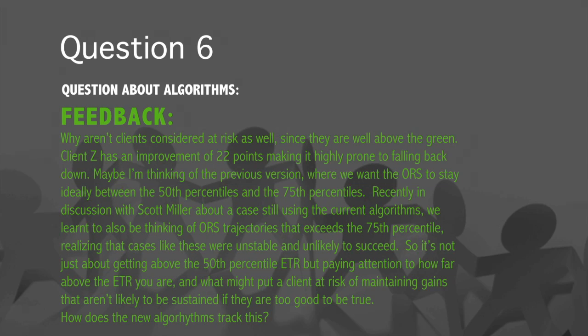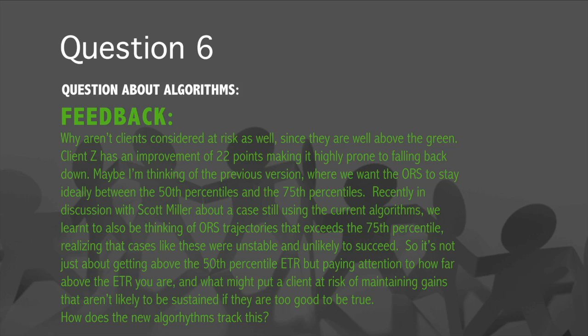Let's see. Oh, I think this is the one that you kind of were getting at before. They're asking, why aren't clients considered at risk as well if they score well above the green, so that their score is very high? So client Z had an improvement of 22 points, making it highly prone to fall back down.